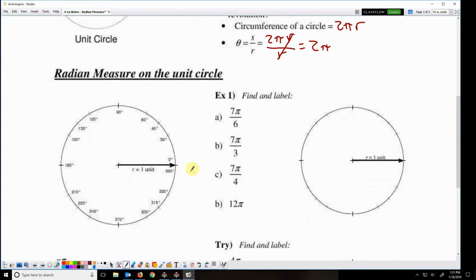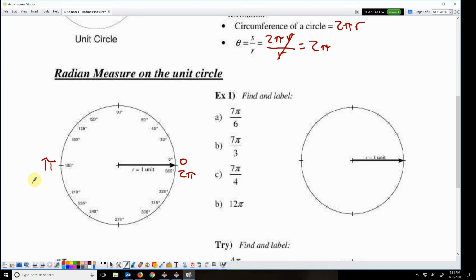When I need to find a radian value on these important points on a unit circle, first I remember, if I don't go anywhere, that's 0 radians. Now I know that 2 pi is all the way around, which means halfway around is 1 pi.